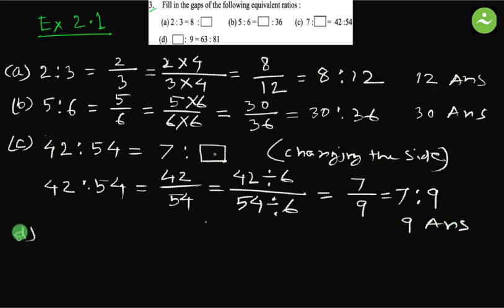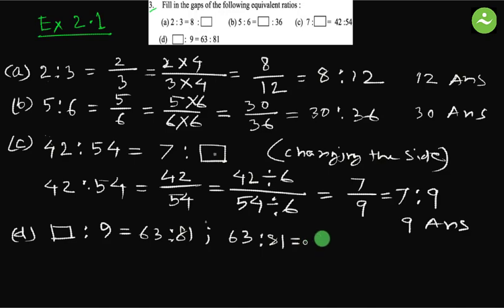Now D. The blank is to 9 equals to 63 is to 81. We can change the side and write 63 is to 81 equals to, the box is to 9. So we have to find out when the second quantity is 9, what is the value of first quantity.